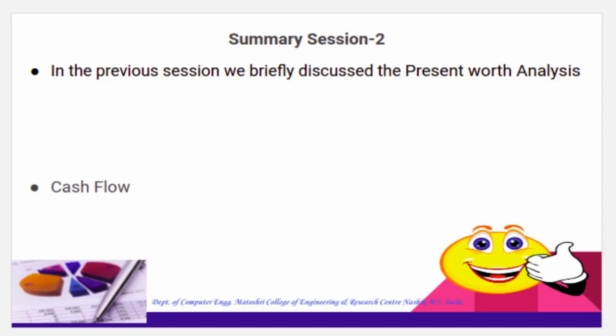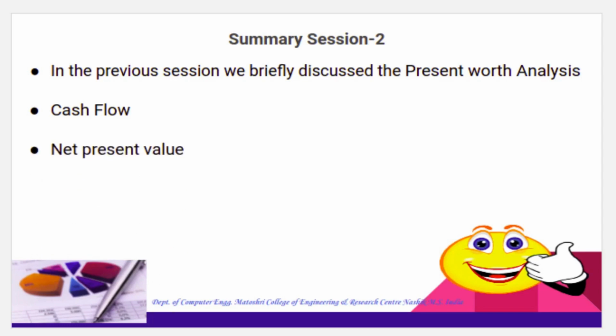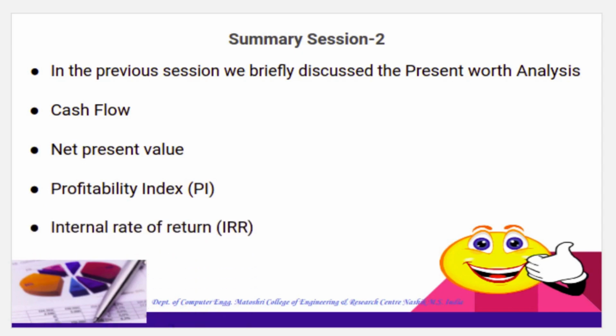After that, we briefly discussed the term cash flow, in which we learned two major types: revenue cash flow and cost cash flow. We reviewed the alternative methods such as net present value, then profitability index, and after that internal rate of return. We concluded our previous session with the discussion of the payout method. This is the summary of session 2.